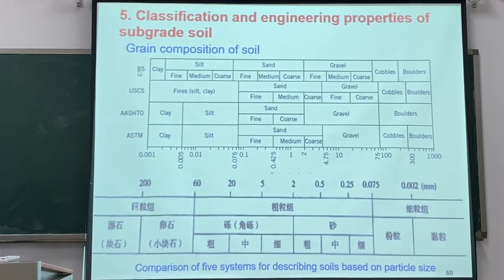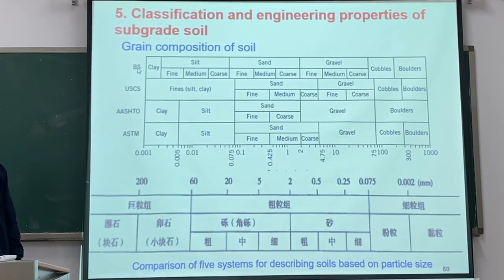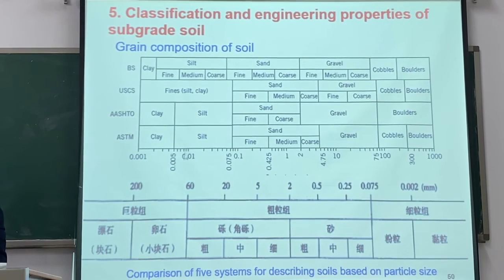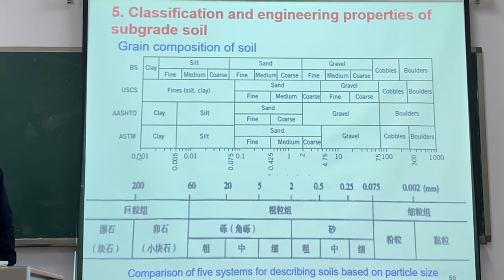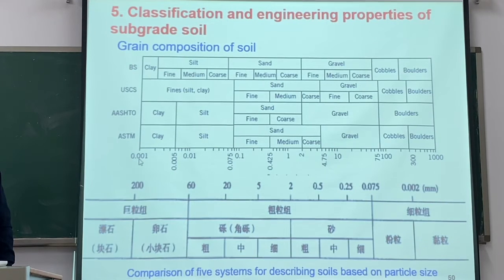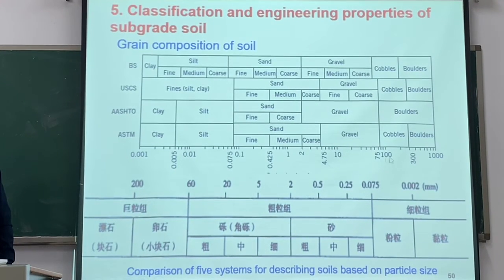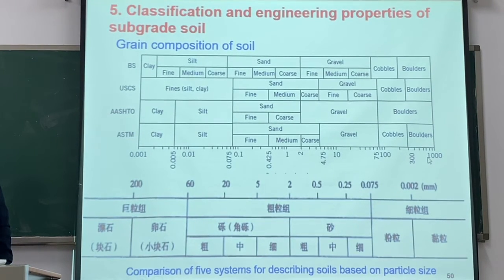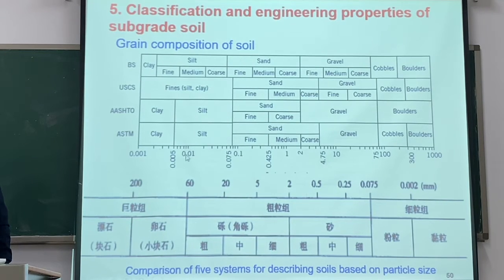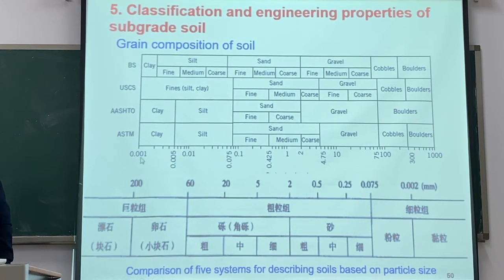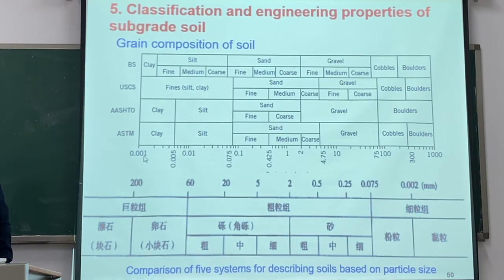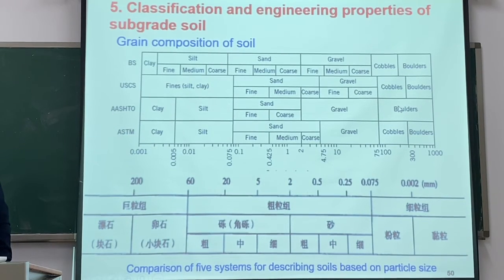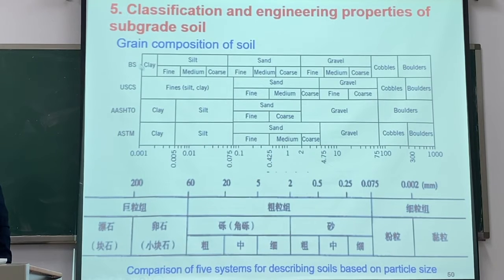One is the British specification, according to the grain size, from 0.001 to 1,000 millimeters.